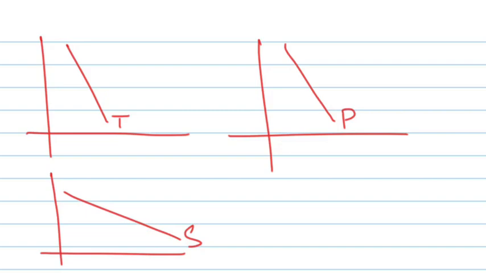So if I combine all three to make the liquidity preference curve, let's draw a rough sketch. On the x-axis I have the quantity of money, on the y-axis I have the interest rate. So this is what it will look like.